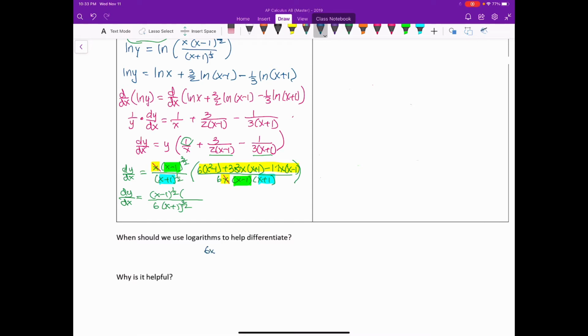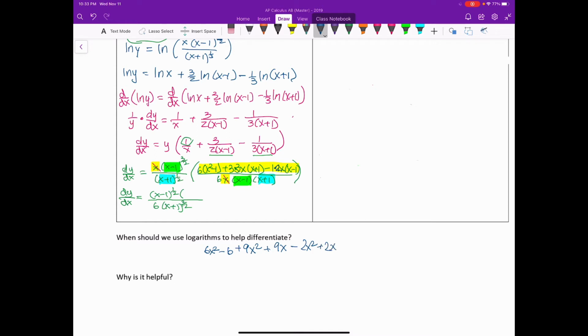So 6x squared minus 6 plus 9x squared plus 9x, and minus, that was a 2 there, that's really hard to see, times, so negative 2x squared, and then negative becomes a positive plus 2x.